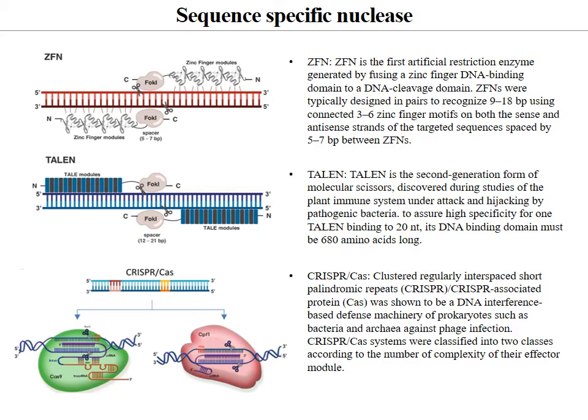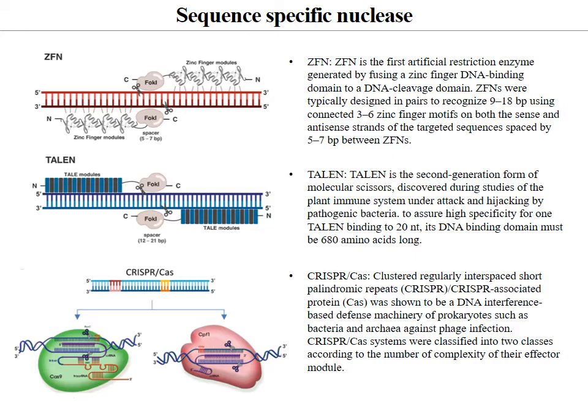Before explaining the CRISPR-Cas system, we need to know sequence-specific nuclease. There are 3 generations of sequence-specific nuclease, which we use in genome editing as genetic scissors.